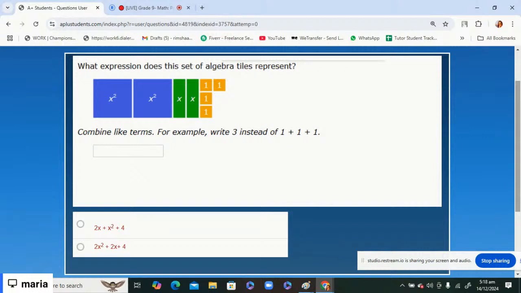Now you guys tell me the answer of this. What expression does this set of algebra tiles represent? There are two x square terms here and two x here. And there are how many 1s? There are 4 1s. So check which answer is right here.